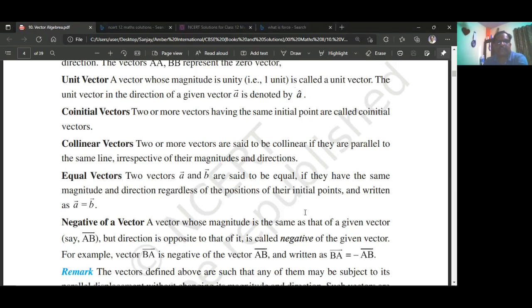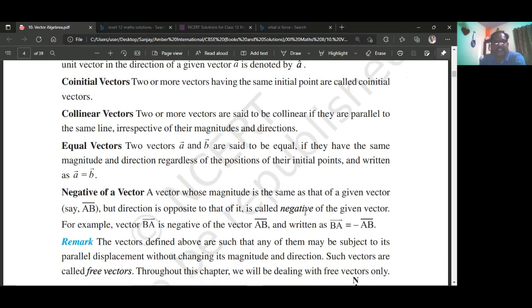Suppose the vectors a bar and b bar are parallel to the vector c bar, then we say the vectors a bar and b bar are collinear vectors, irrespective of their magnitude and direction. Just like collinear points, which lie along the same line, in the same way collinear vectors will be two or more vectors which are parallel to the same line irrespective of their magnitude and direction.